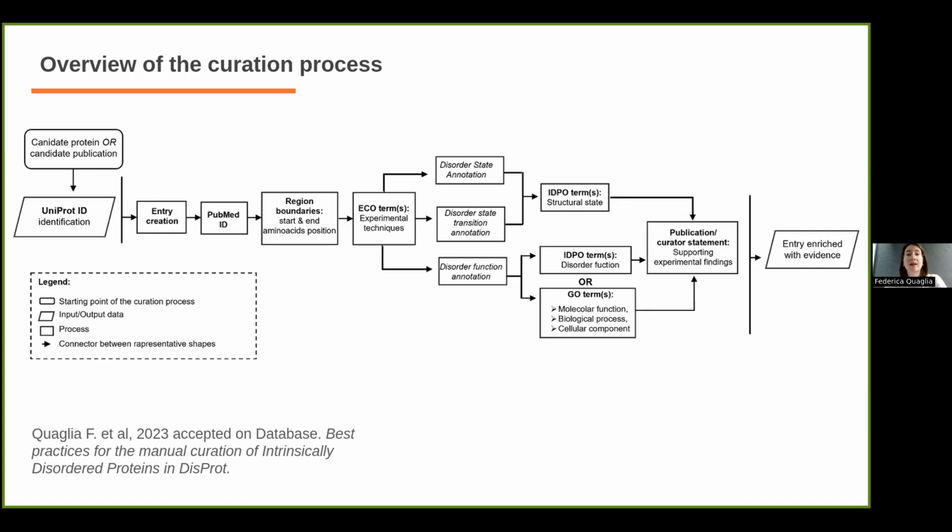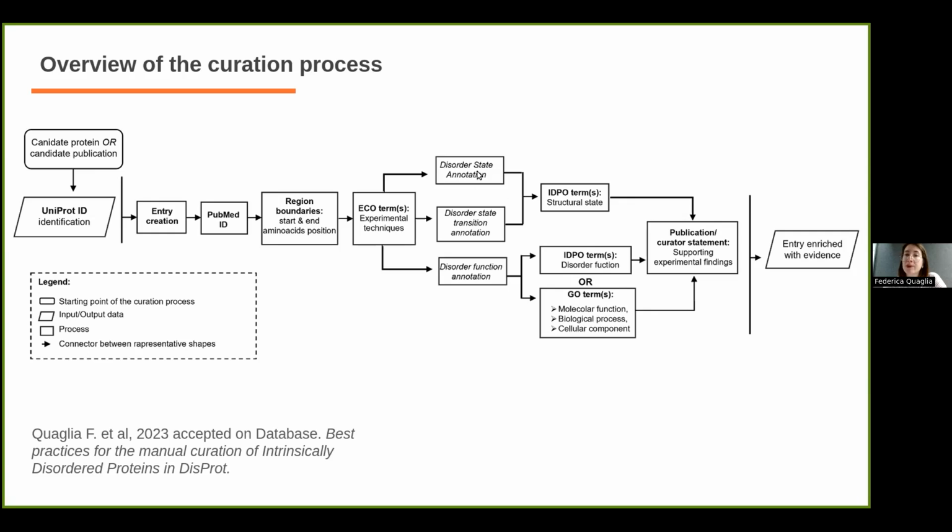The curator then can add the region boundaries, the start and end amino acid positions, and the technique used in that publication to assess a disorder state, a disorder transition, or a disorder function. The technique will be annotated using the ECO terms, Evidence and Conclusion Ontology terms.